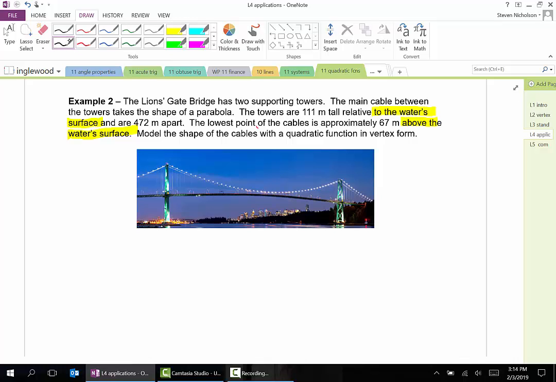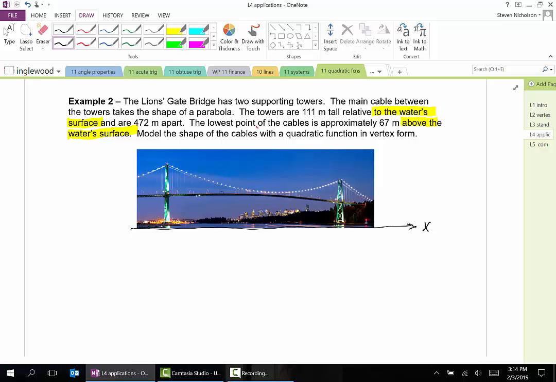So based on this story, it probably makes sense to make the water the x-axis. And if you look at the bridge, there are no x-intercepts, therefore factored form is not the way to go, and that only leaves vertex form and standard form.